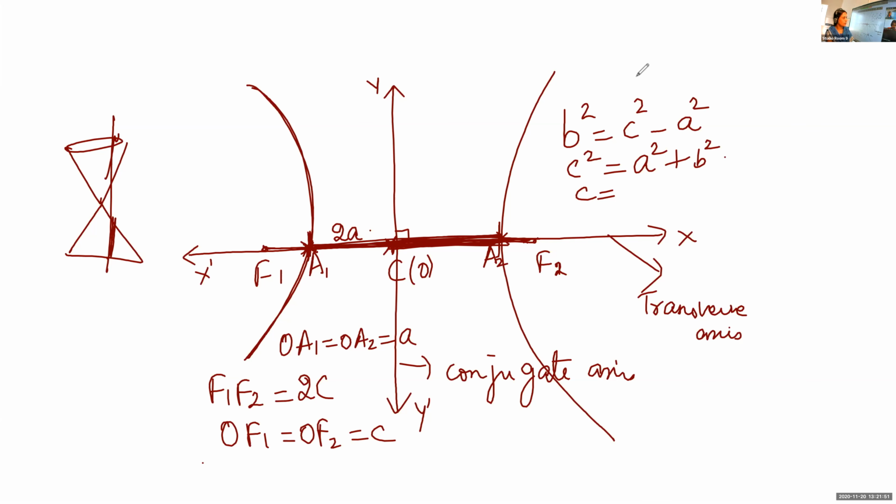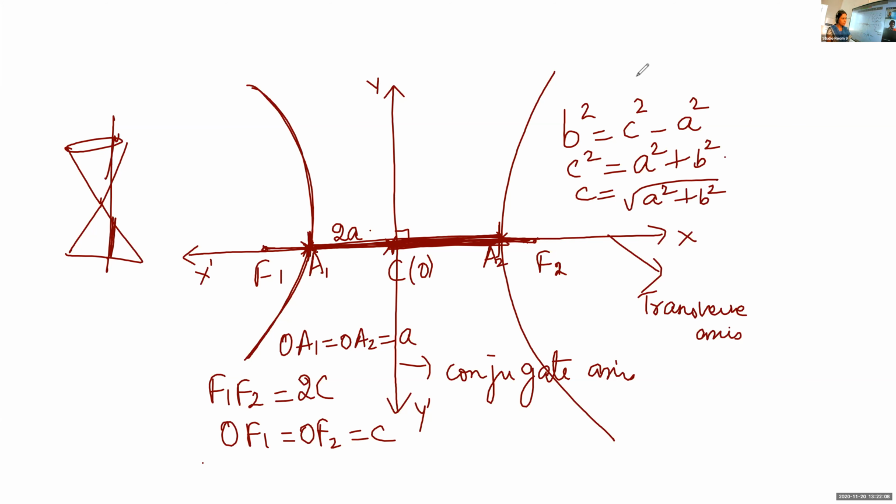We are defining a quantity B where B square is equal to C square minus A square. So C is root of A square plus B square.